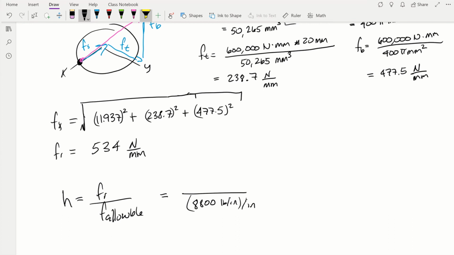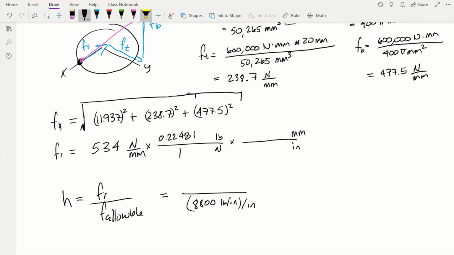Now on the top we have the resultant force in Newton per millimeter, right? And in this formula we have pounds and inches, so we need to convert before we put it in that formula. So we need to convert from newtons to pound force. As well, we need to convert from millimeters to inches. So we know that 1 Newton equals 0.22481 pounds.